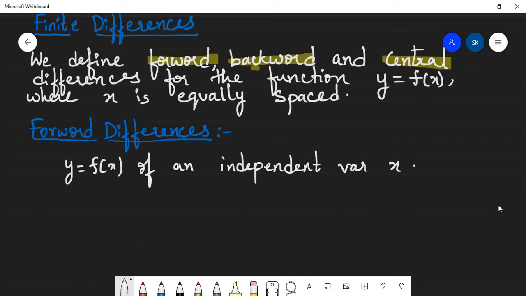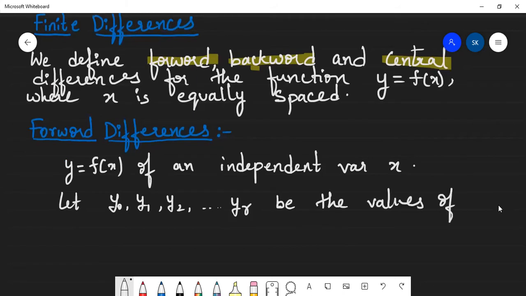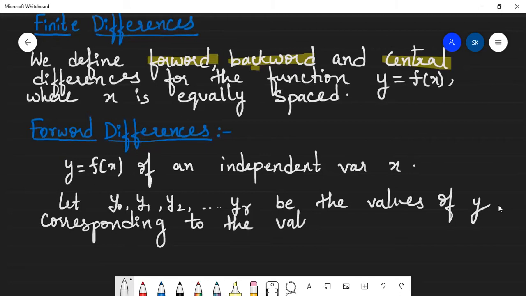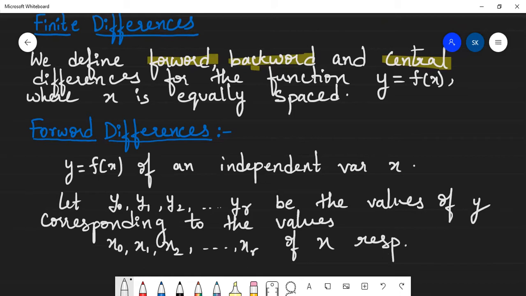Let y naught, y1, y2, and so on, the general term yr, be the values of y corresponding to the values x naught, x1, x2, and so on, xr of x respectively. These are my xi's and yi's values.